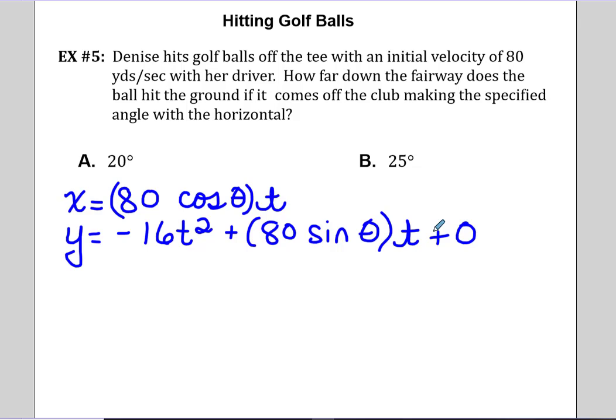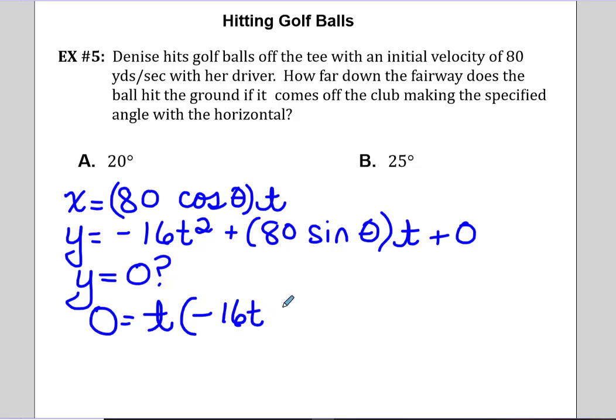So if we want to know when it's going to hit the ground, we'd have to solve this second equation, the y equation, for 0. So when y is 0, that would be our question. We could factor out a t. So 0 is t times negative 16t plus 80 sine theta.